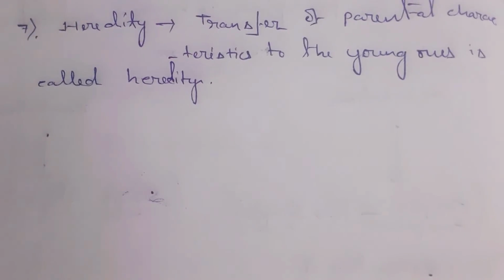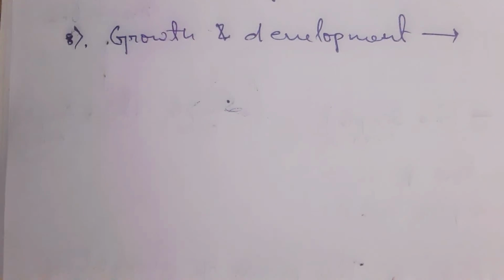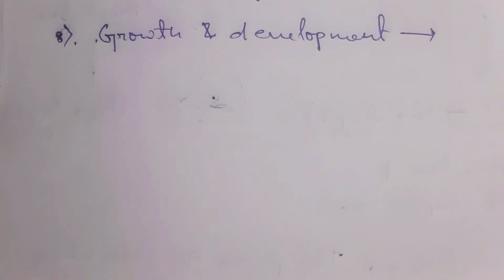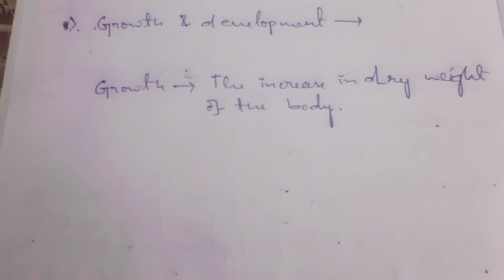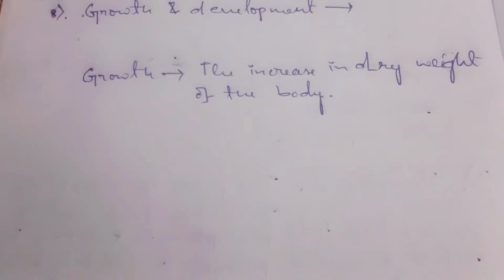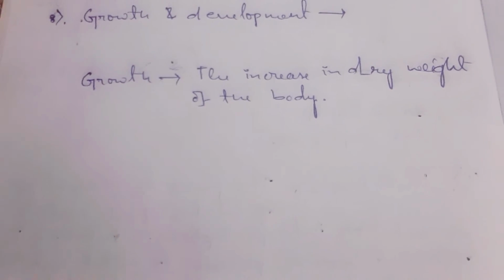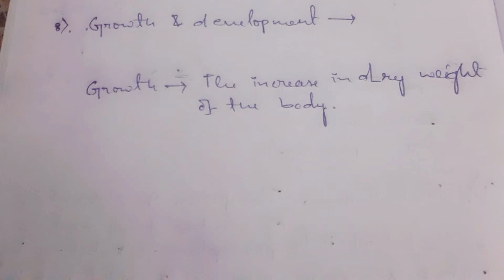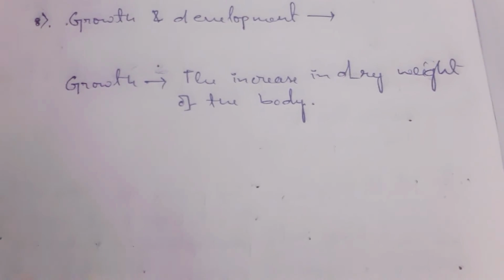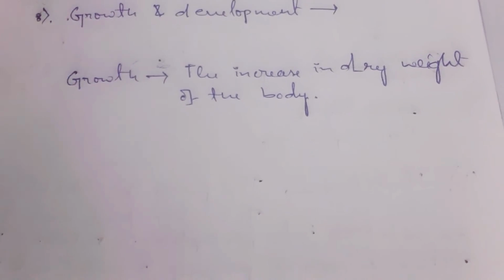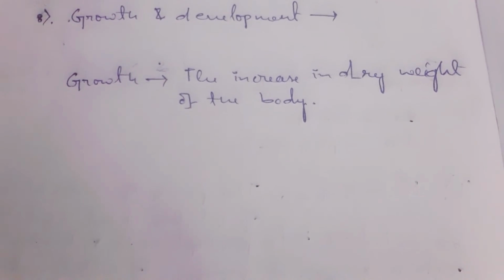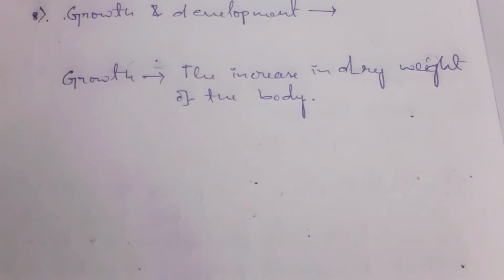So let's move on. The next point is growth and development, which is a very important point, and we will know what is growth and what is development. Growth may be simply defined as the increase in dry weight of the body. Many of you might be confused about what dry weight is. Dry weight is simply the weight of your protoplasm, devoid of anything else, though your protoplasm is not actually dry, but it is called so.